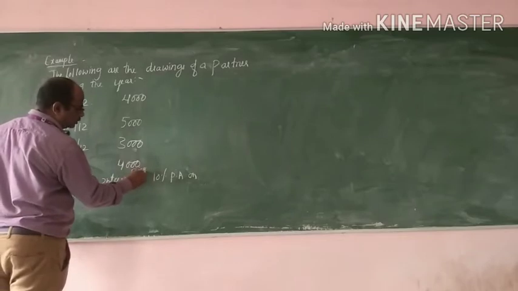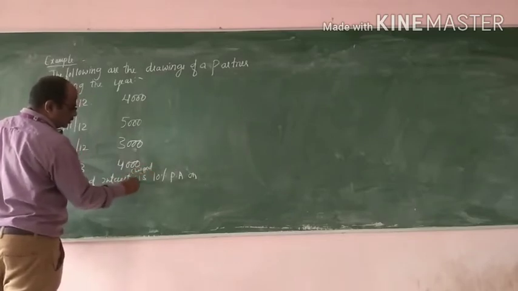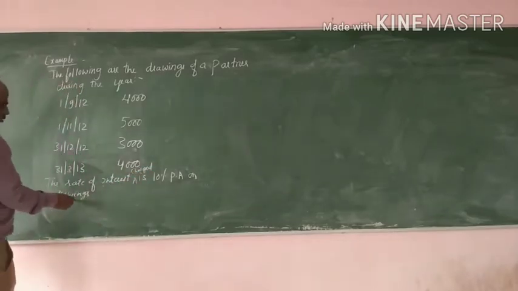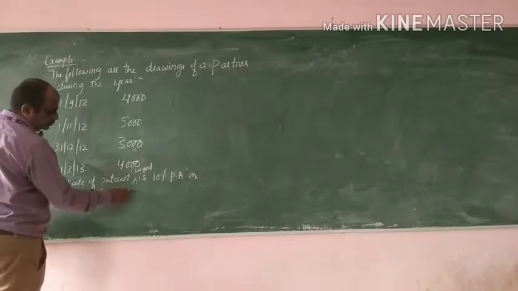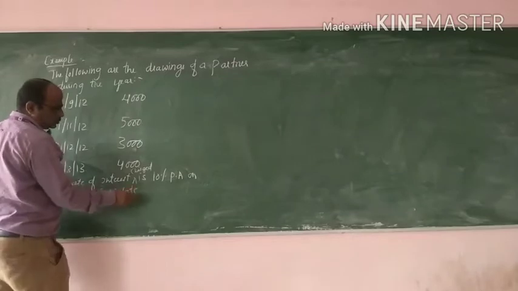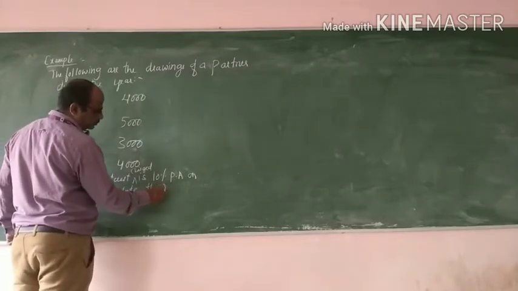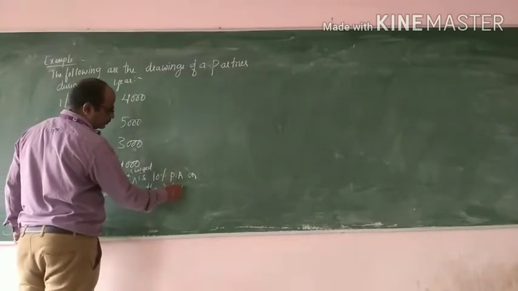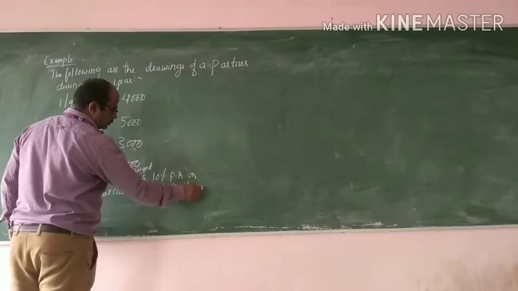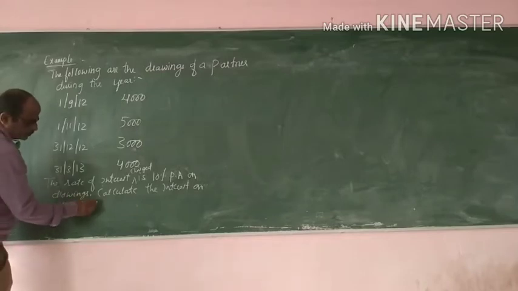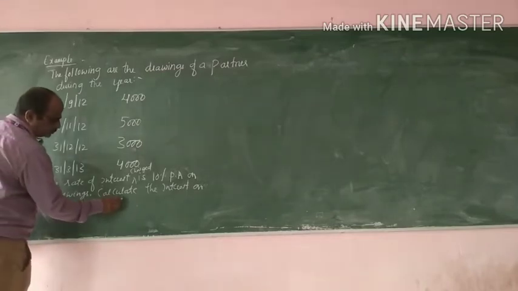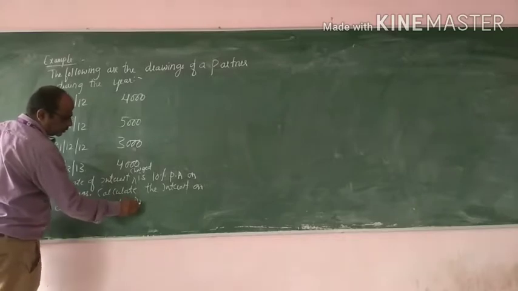The rate of interest charged is 10% per annum on drawings. Calculate the interest on drawings under the product method.